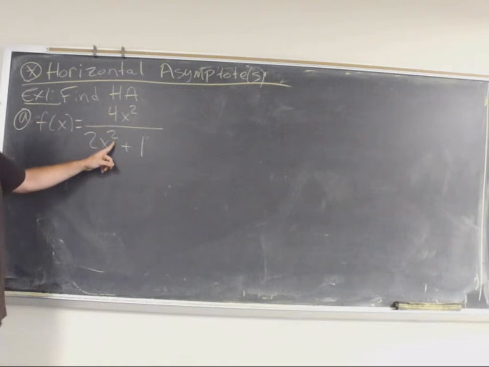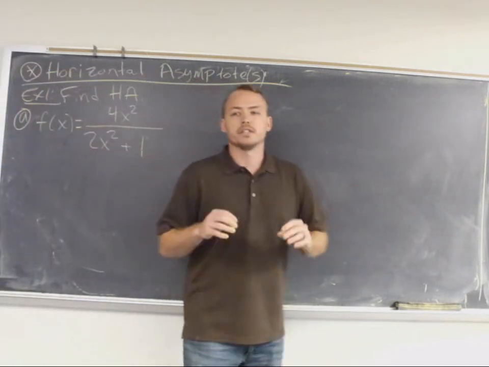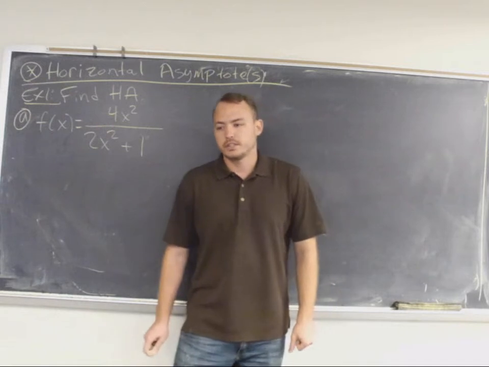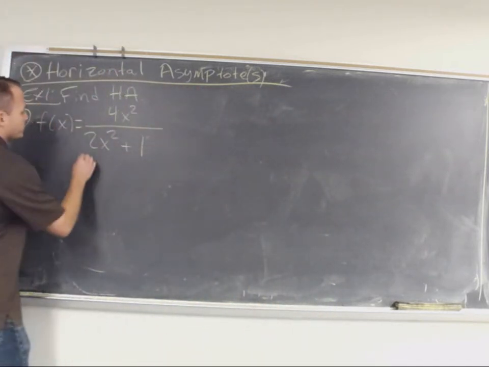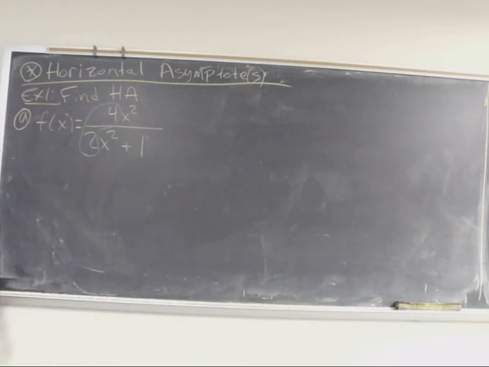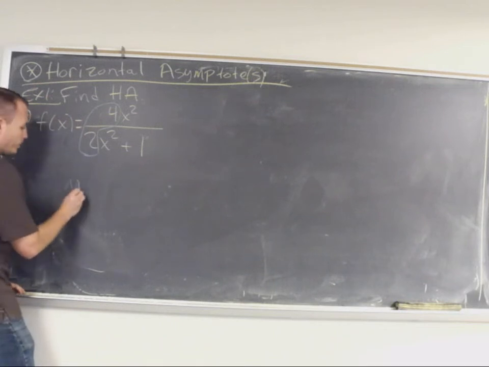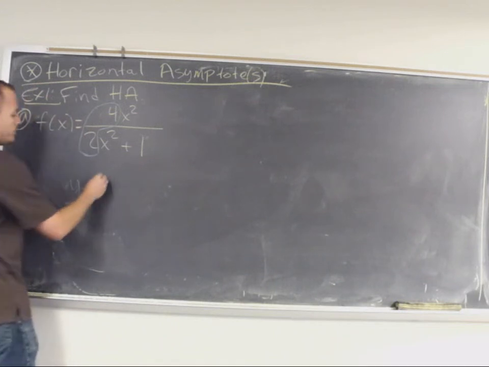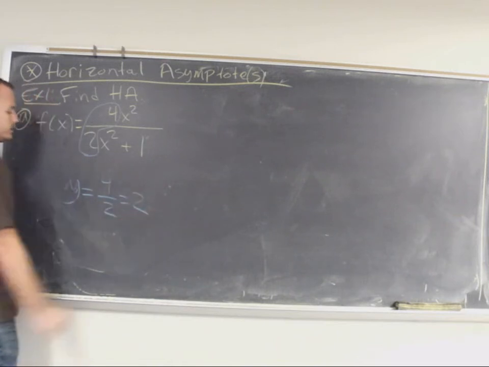It's 2 also. So if the degree of the top and the degree of the bottom are the same, then you take their coefficients and you divide them. Whatever they are, you take them, and that is your horizontal asymptote: 4 divided by 2. So you can say y equals 4 over 2, which is 2.